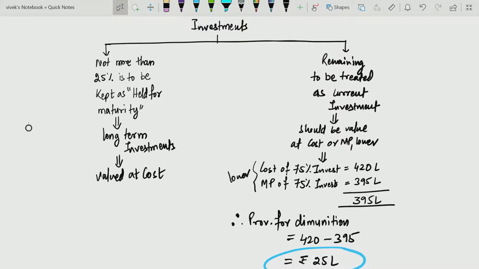So I will value at 395, but it was purchased for 420. So 420 minus 395, provision for diminution is 25 lakh. Is that fine?